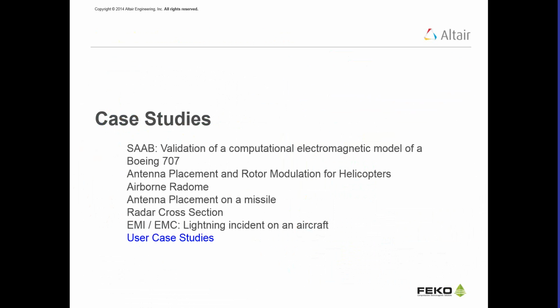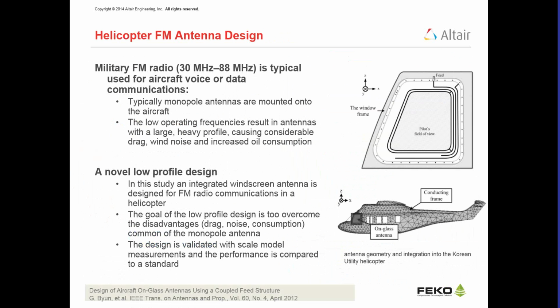the defense industry. One is a helicopter FM antenna design. Typically, if you were to do 30 megahertz to 88 megahertz, there's a long whip antenna that is used, which could be more than a meter or so in length.